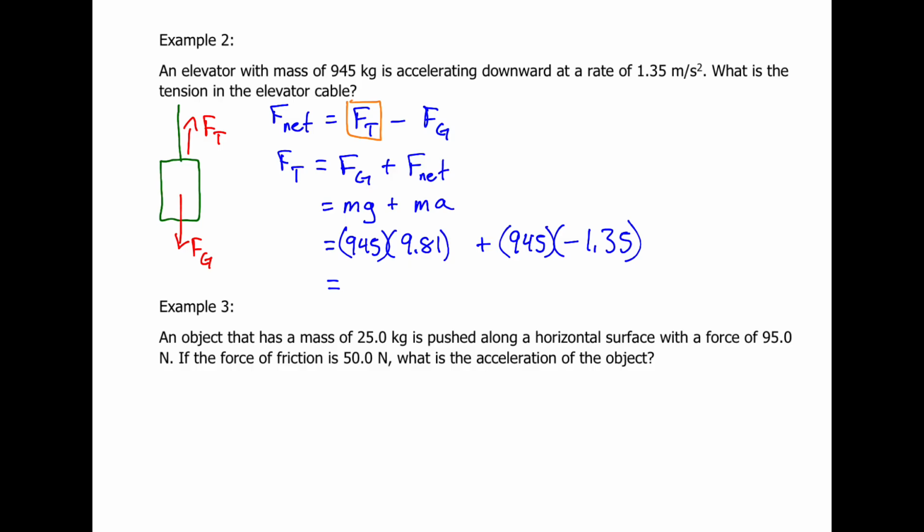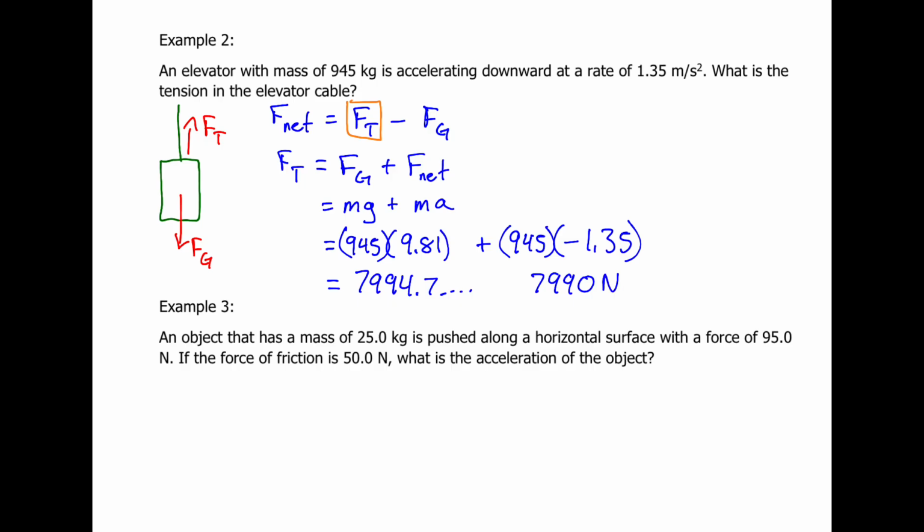I think it gets to be 7994.7. That's a lot of numbers. I'm going to have to round some of these out. How many important numbers should I save? 3 important numbers, so this will be 7990 newtons.